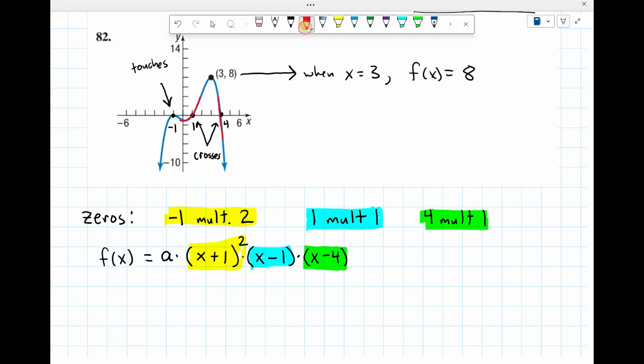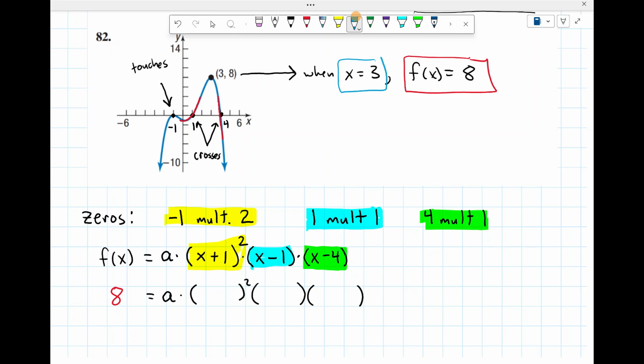So let's start by plugging in f of x is equal to 8. So I'm going to replace f of x with 8. I'm going to bring down the a, and then everywhere I see an x, I'm going to replace it with 3. And so I plug in x equals 3, and I fill out the rest of my equation.